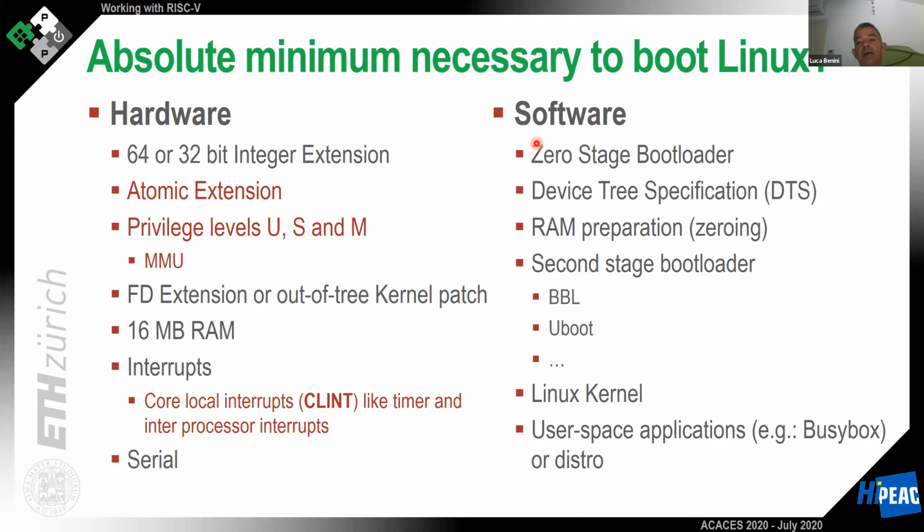And the porting of a reasonable software environment onto an application level core requires quite some work. What you see on the right-hand side is a non-exhaustive list of operations you need to do to get your basic Linux boot.